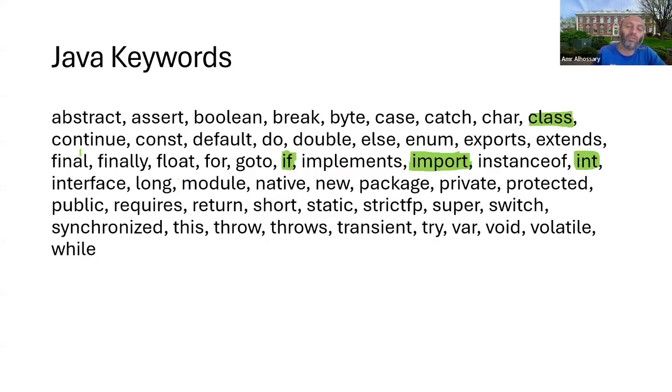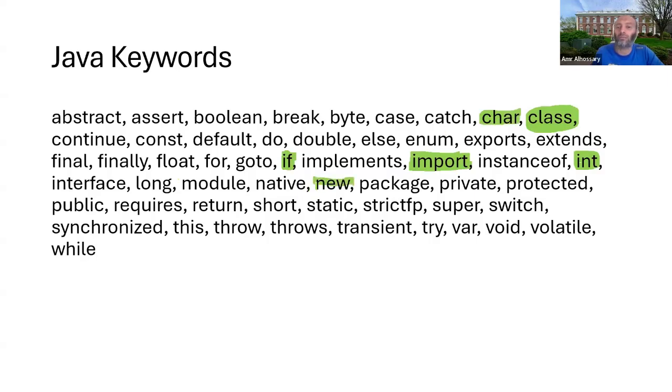keywords that are not used except for their specific meaning. You cannot use them as a variable name or class name or method name or whatever. So you cannot define a class called class with all small letters, or a variable called car, or a function called new.